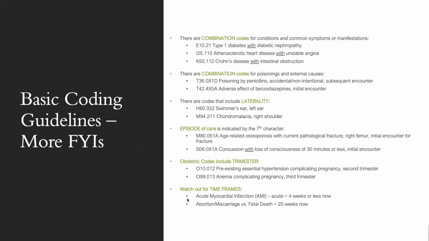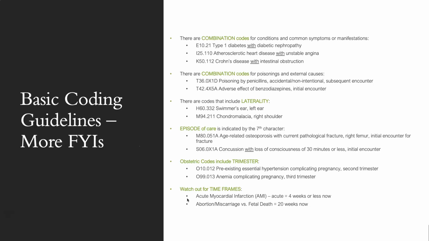Episode of care is indicated by the 7th character. I kind of talked about that. Whether it's an initial encounter, which is the character A, a subsequent encounter, which is the letter D, or because of a sequela. Oftentimes with strokes, people have sequela. They have weakness that remains after the stroke that is permanent, or some paralysis, or dysphagia, which means difficulty swallowing, or dysarthria, which is difficulty speaking.